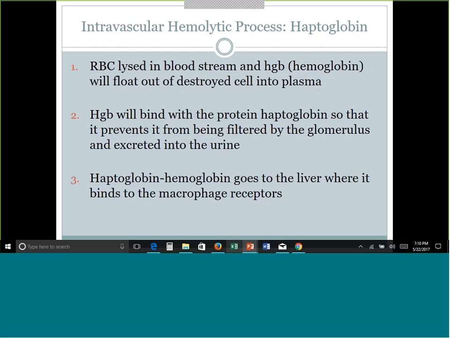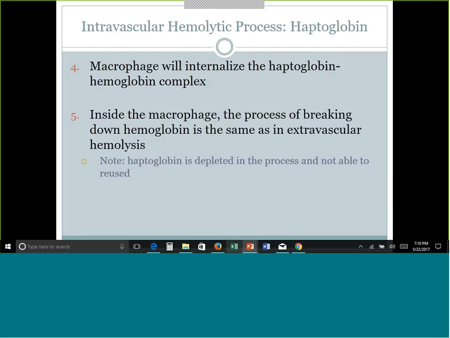It will break its parts back into amino acids, the iron will get reused, and we'll break down that protoporphyrin ring into biliverdin, bilirubin, conjugated bilirubin, urobilinogen, and so on. So that whole process that we just discussed will happen. We just got to get it there. Haptoglobin is really good about binding the hemoglobin and transporting it to the liver to do that. That's its job.